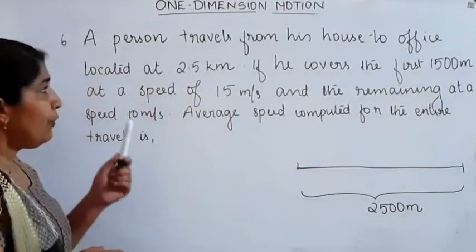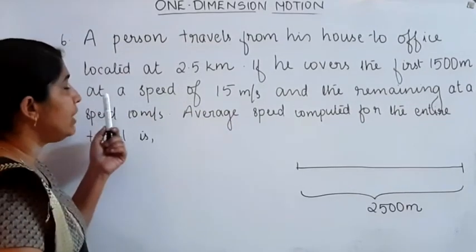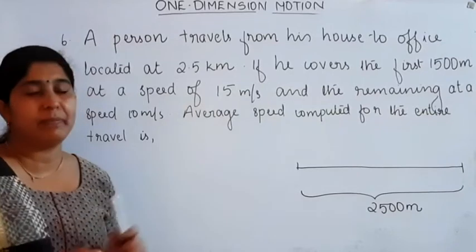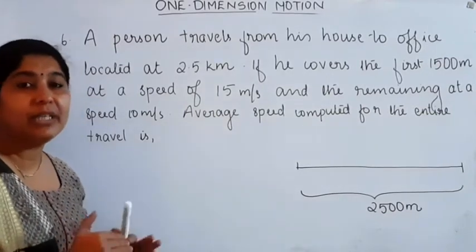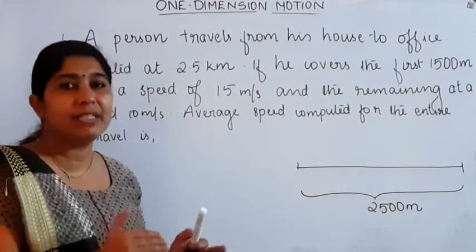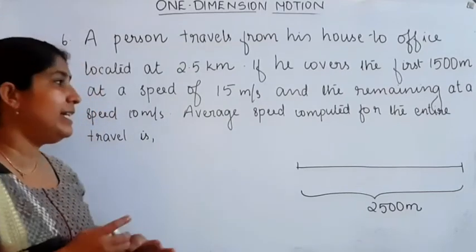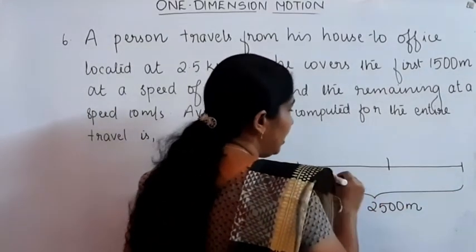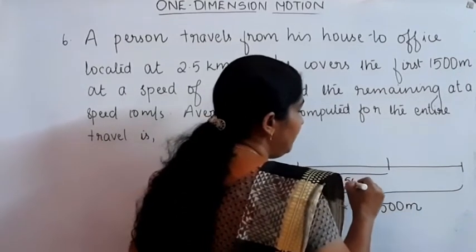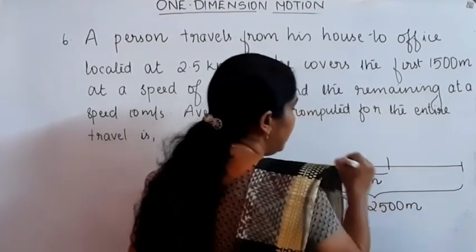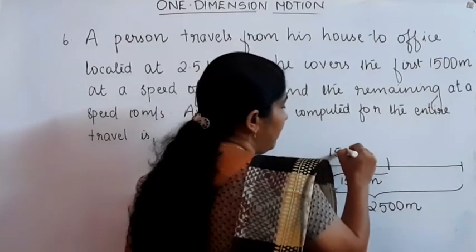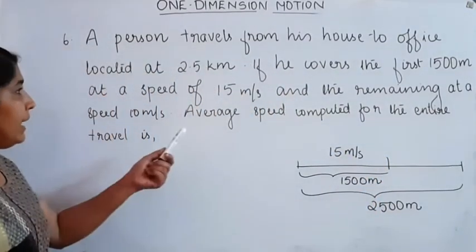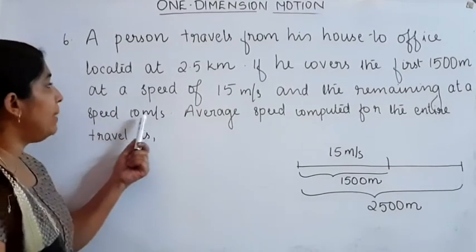If he covers the first 1500 meter at a speed of 15 meter per second, and the remaining at a speed of 10 meter per second.